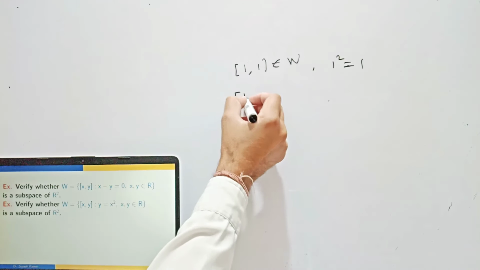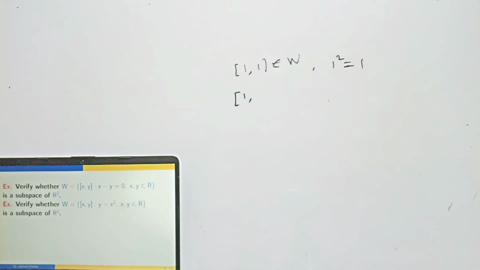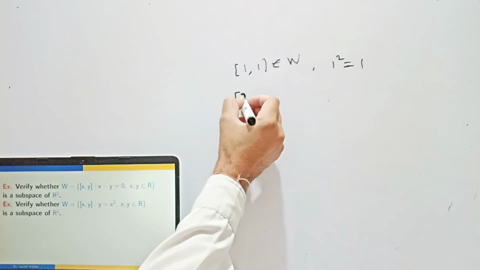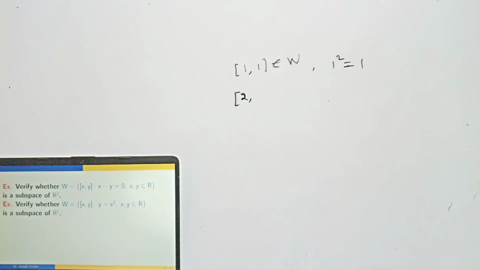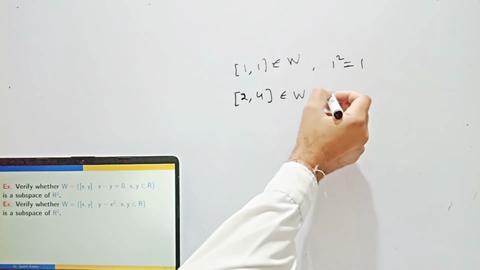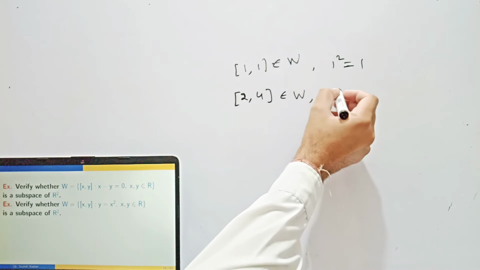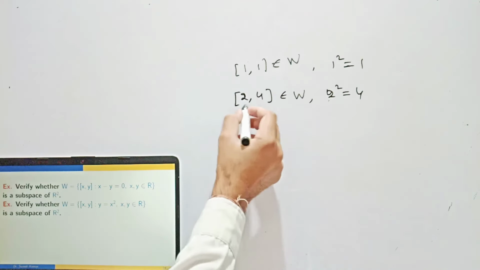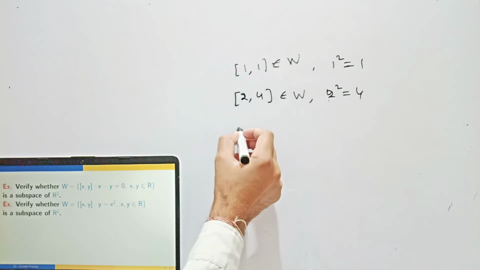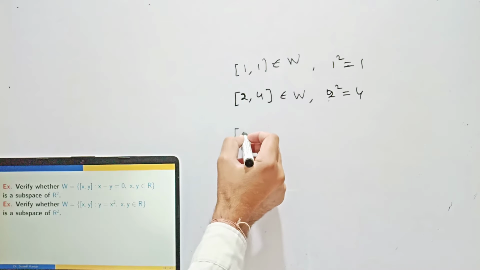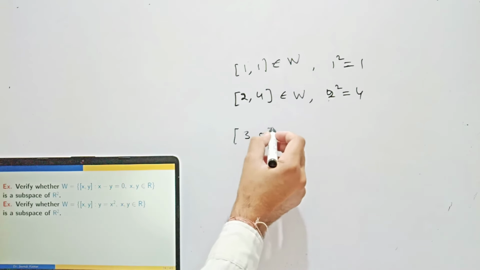And (2, 4) belongs to W because 2 square equal to 4. Correct? What is the sum of these two? Both these are members of W. The sum of these two is 1 plus 2, 1 plus 4, means (3, 5).